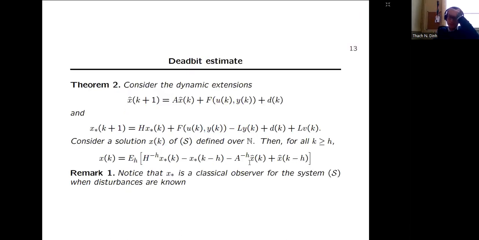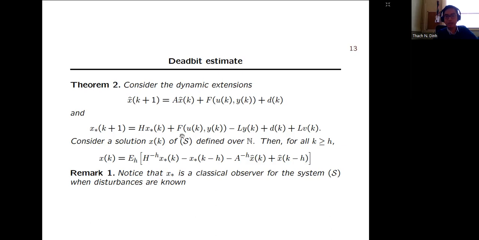And we have theorem 2. For theorem 2, we will use two dynamic extensions. The second one, X star, is, if you notice, a classical observer for the considered system when disturbances are known. And we can do the same process to apply the well-known relation in those two dynamics.